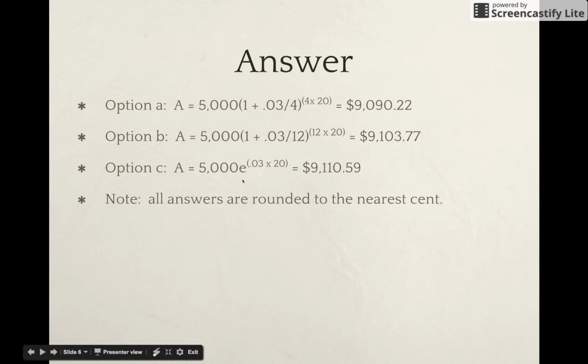So that's 5,000 times e raised to the interest rate as a decimal multiplied by the number of years. So that's multiplied by 20 years. This gives us $9,110.59. And that's higher than options A or B. So the young man should choose option C if he wants the most money.